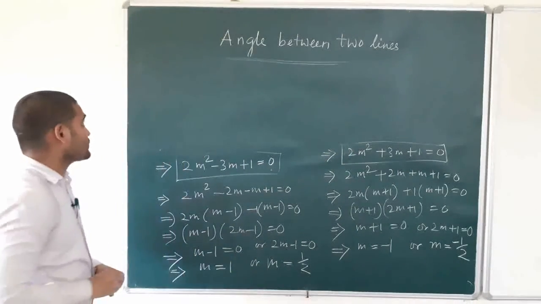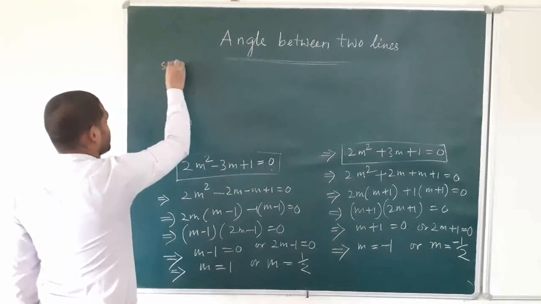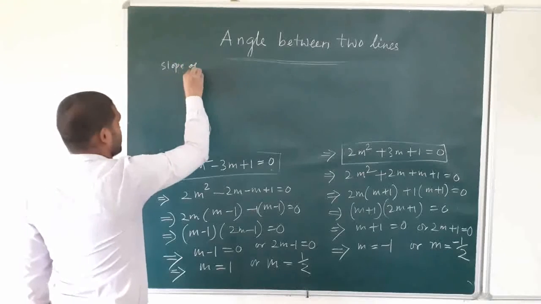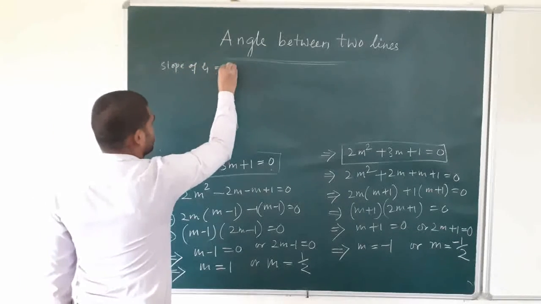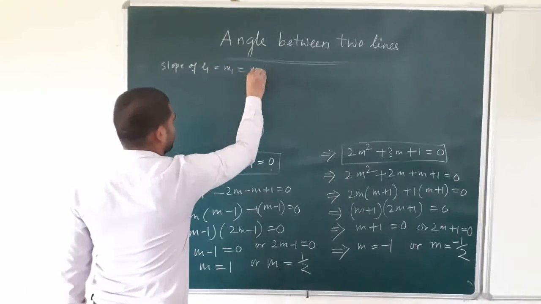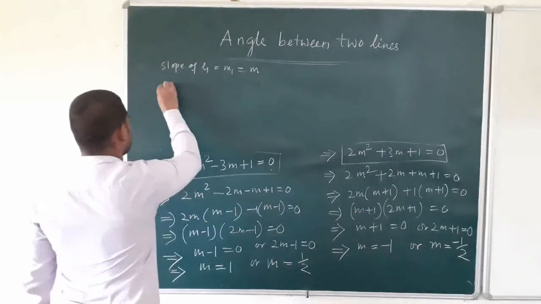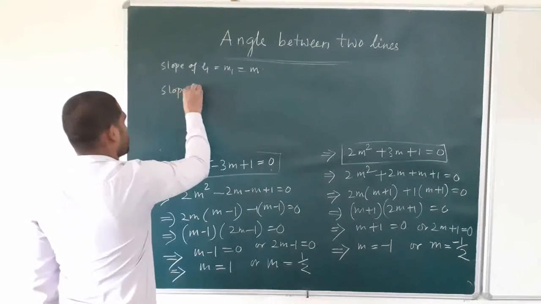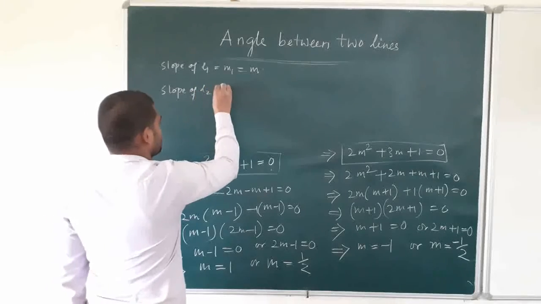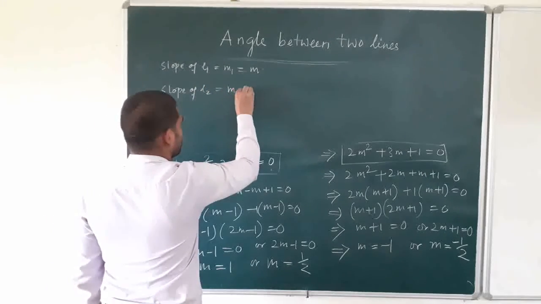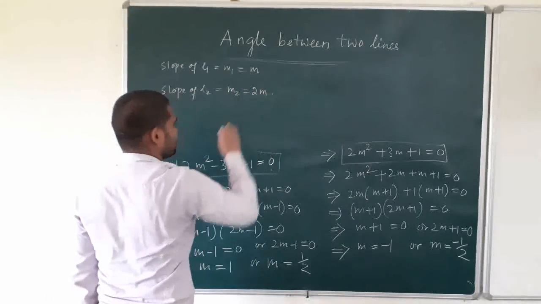So, the slope of L1 is equal to M1, which is M. And the slope of L2 is equal to M2, that is equal to 2M.